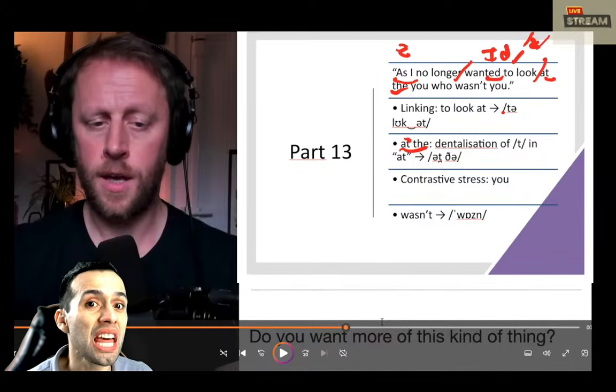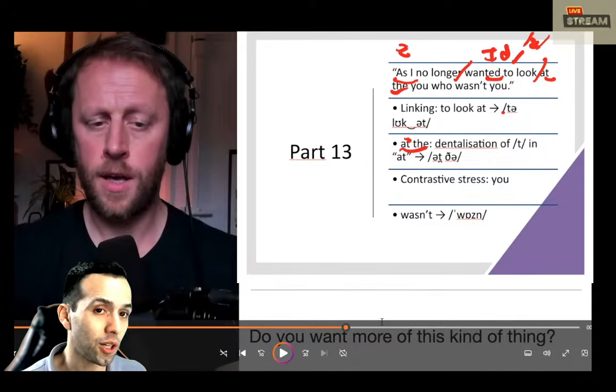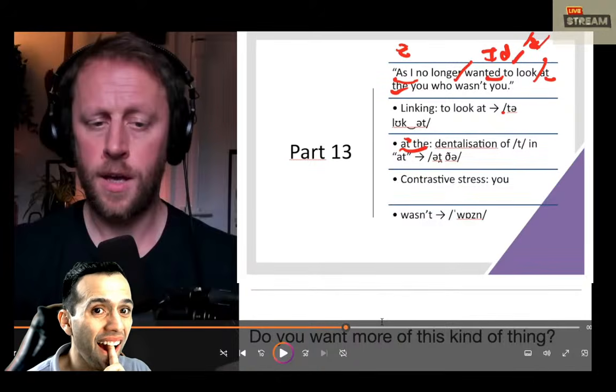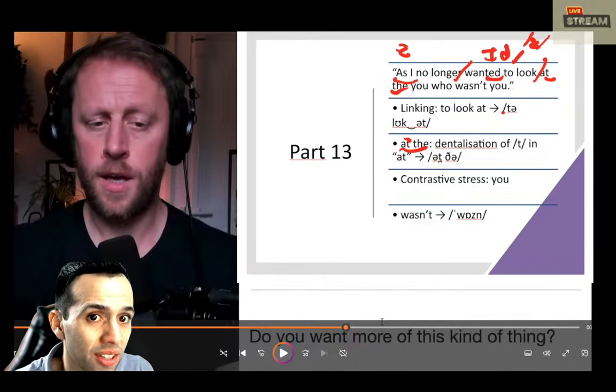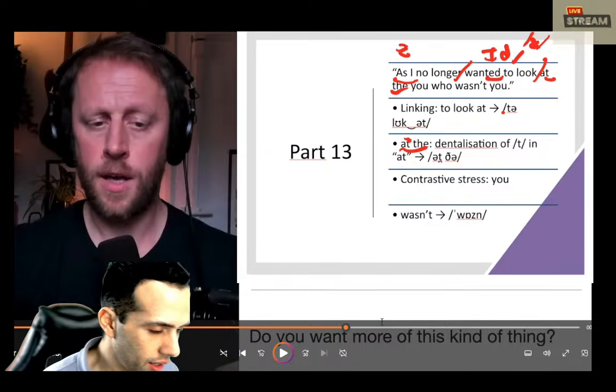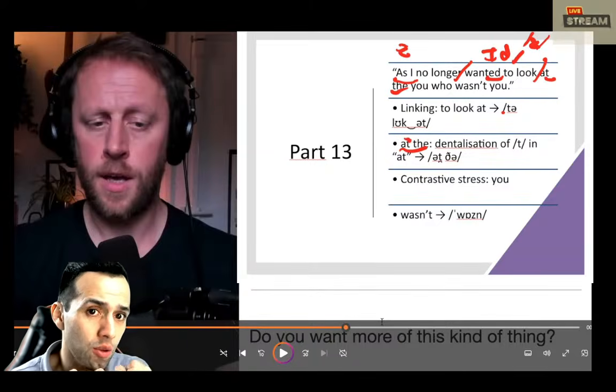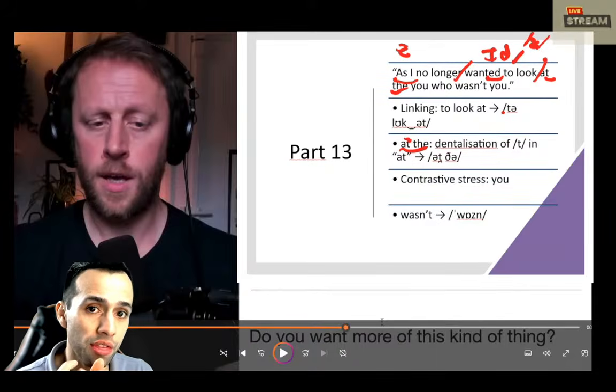The tongue is pressed against this section to pronounce the t sound in English. So anyway, the t becomes similar to the th. So we get at the.